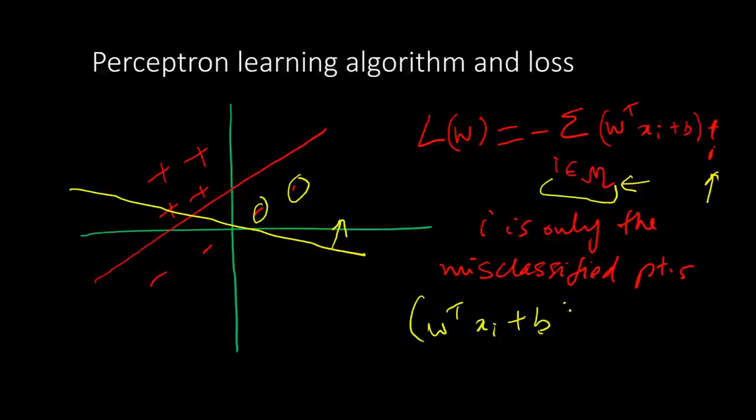We neutralize the sign by multiplying it with ti. So when ti is -1, then we multiply W transpose xi plus b, which depends on which side of the plane they fall. Here they should fall on the side where they are negative, and when we multiply the 2 negatives, we get a positive. And that will be the same for misclassified points that have label +1. So this multiplication by ti takes care of the label.